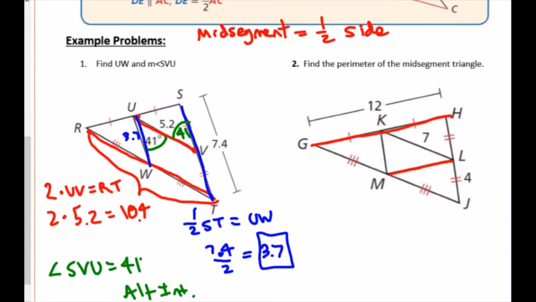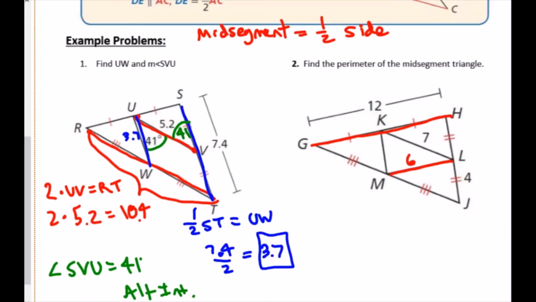Divide by 2. Okay, thank you. So, 12 divided by 2 is 6.